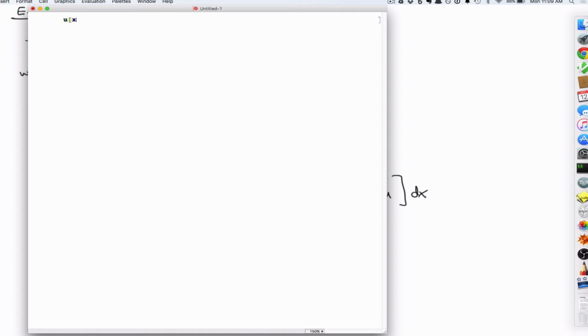So I have u of x equal, can you guys see that? Can you make it a little bigger? Is that okay? Okay.